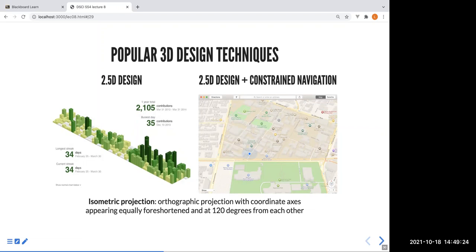So you're basically trying to move as you would move in the real world, and that simplifies things. But when you have some type of surface that has bars or something else that you're trying to use to visualize data, and you want to move around, then you're basically flying around, and flying is complicated.